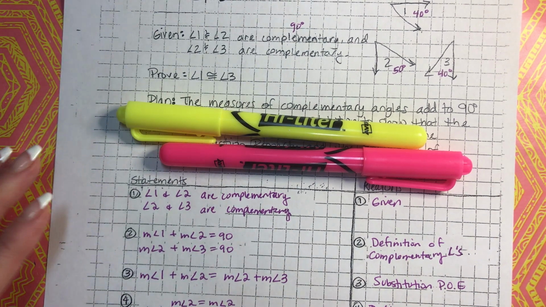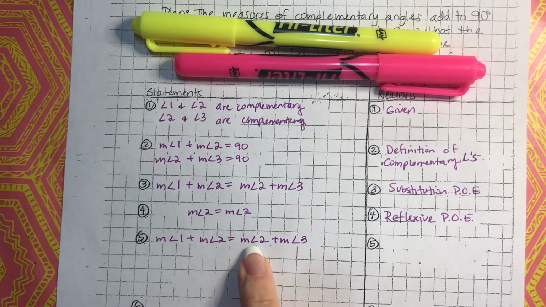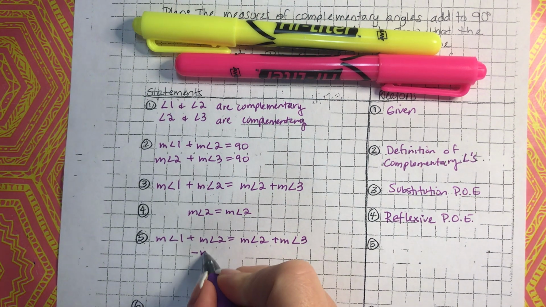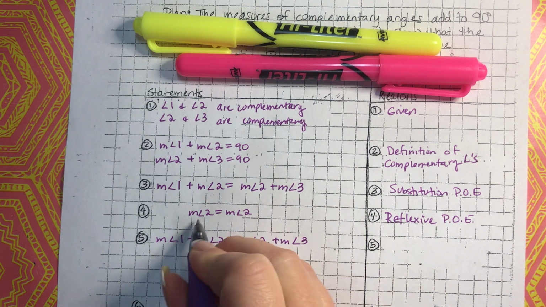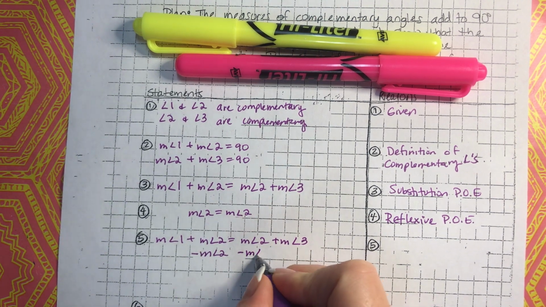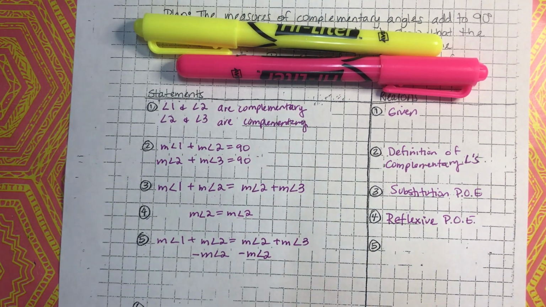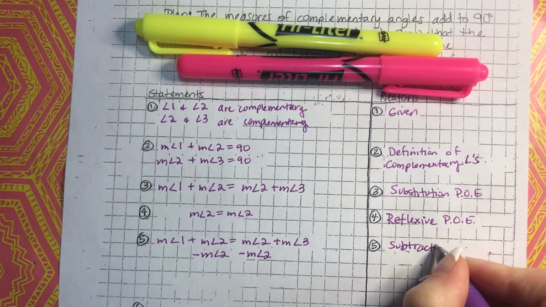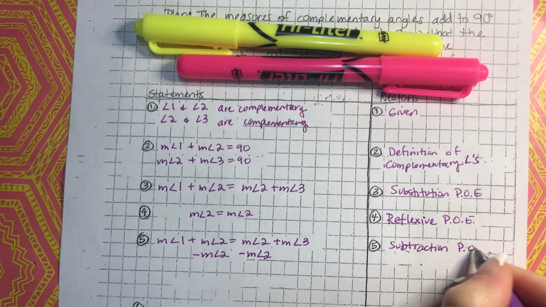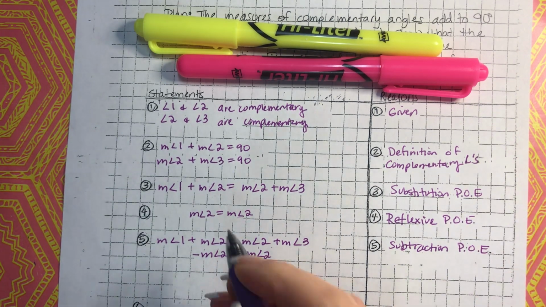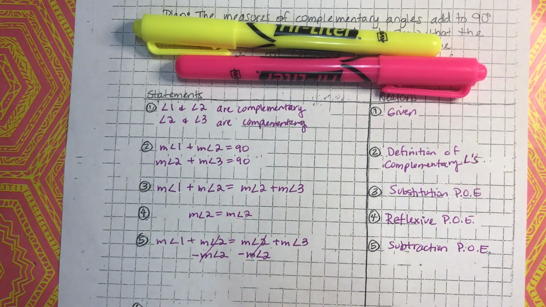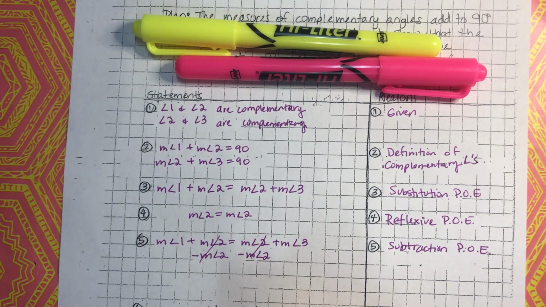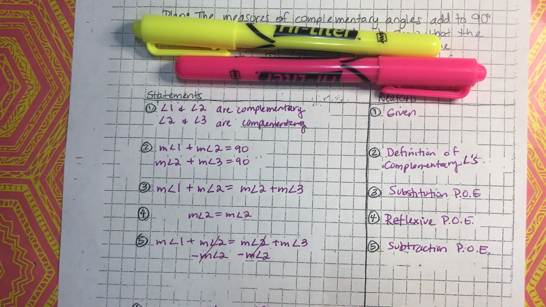If we know that the measure of angle 2 is equal to the measure of angle 2, then we can subtract it because it is the same thing, right? We just proved it's the same thing. We're subtracting the same thing from both sides, which we can do because of the subtraction property of equality. And what we're left with is this cancels and this cancels, and we're left with the measure of angle 1 is equal to the measure of angle 3, right?